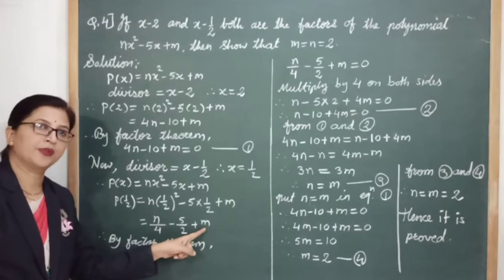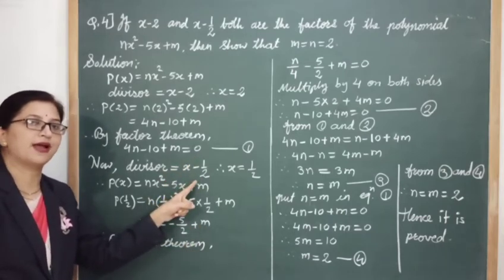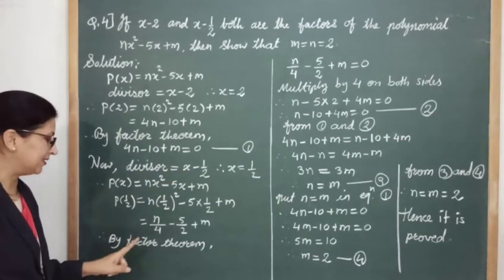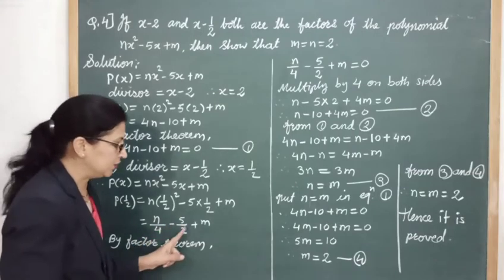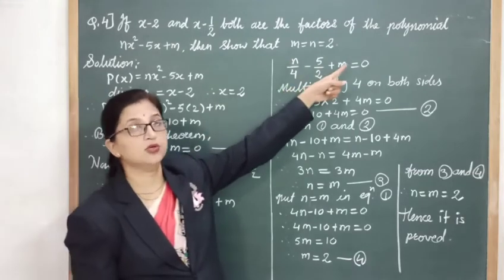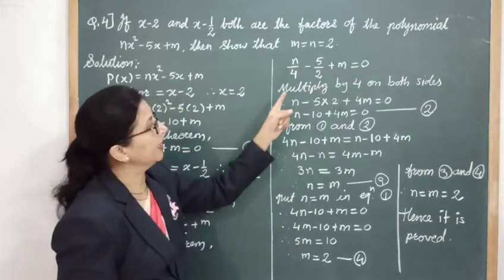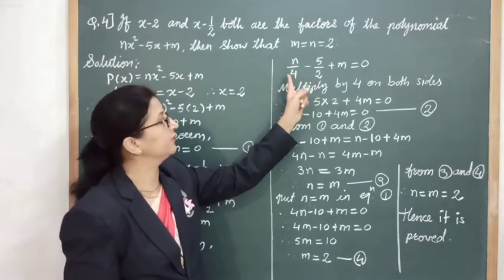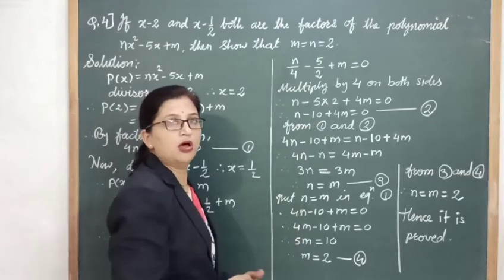Now here also, x minus 1 upon 2 is a factor of the given polynomial, right? It means that the value of n upon 4 minus 5 upon 2 plus m is equal to 0, as it is a factor. Here we'll try to cancel the 4 and 2, so let's multiply by 4 on both sides.